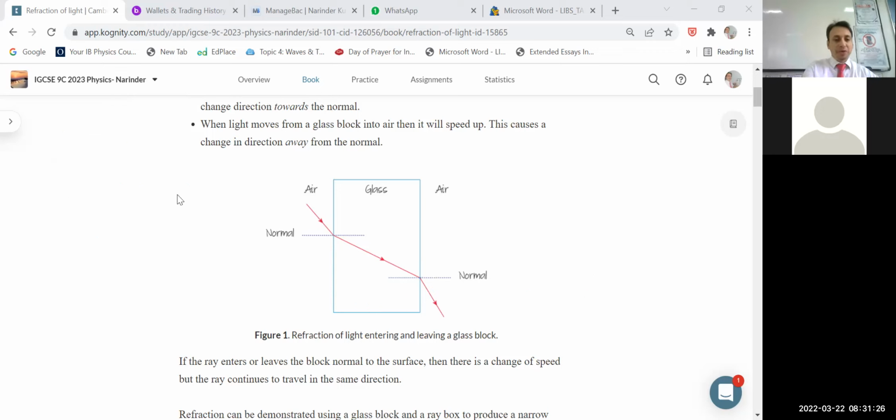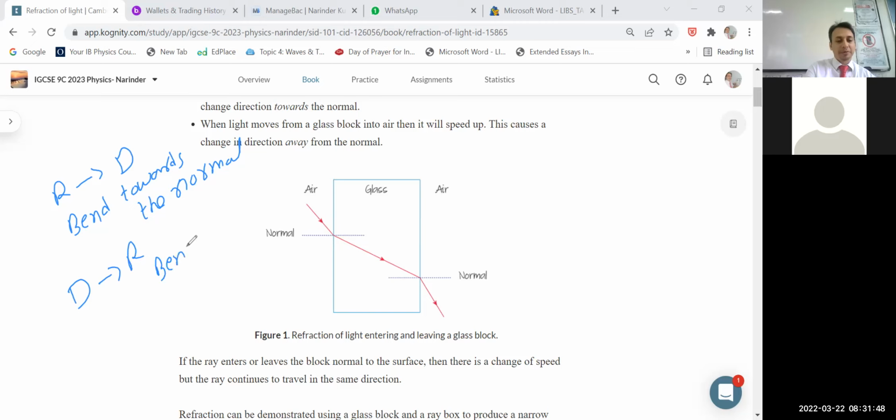So what I was telling you, children, when the ray of light moves from a rare to a denser medium, it always bends towards the normal. Please make a note of it. And reverse: if it is moving from denser to rare, it bends away from the normal.